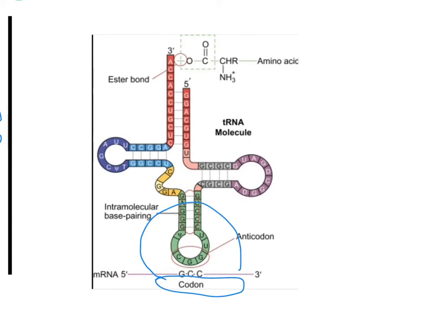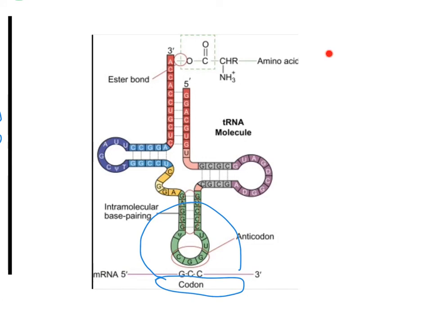Well, it turns out that the anticodon that is on our tRNA molecule is complementary to the codon that we find on our mRNA. So, for example, if our codon on the mRNA strand is GCC, then it should make sense that our complementary anticodon on the tRNA molecule would be CGG.